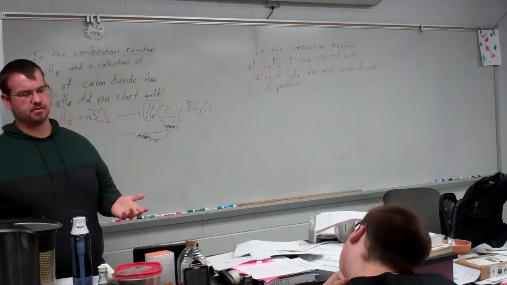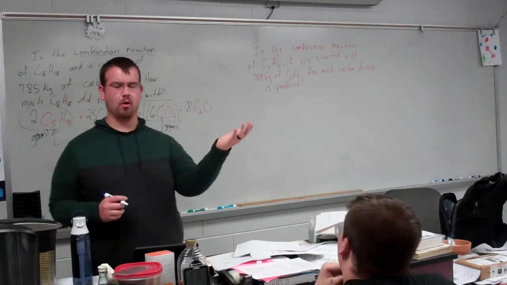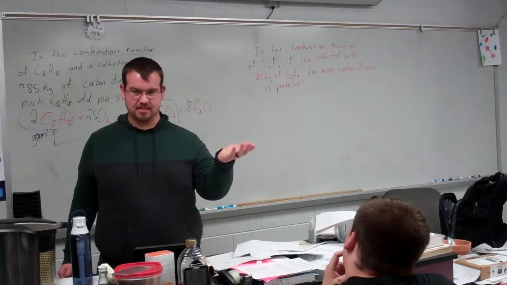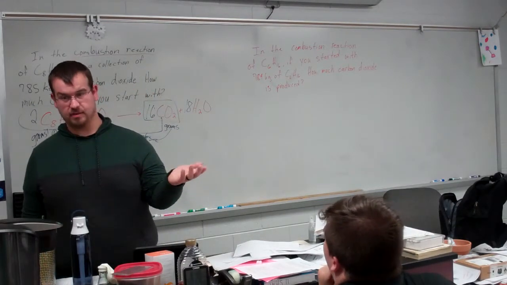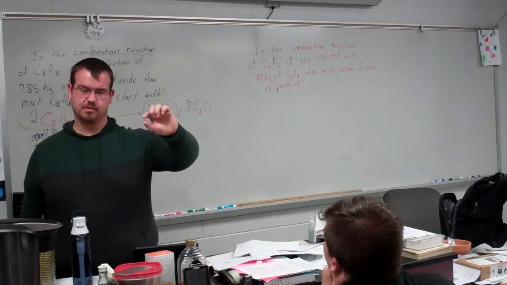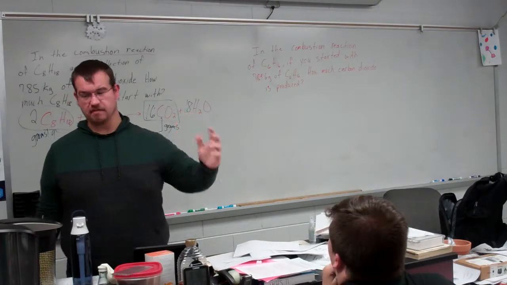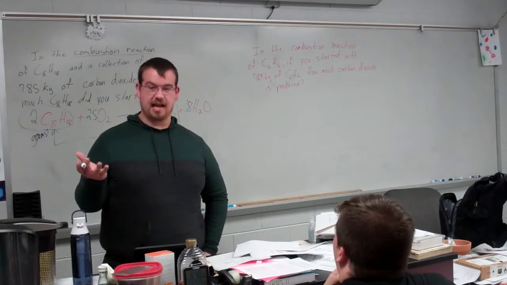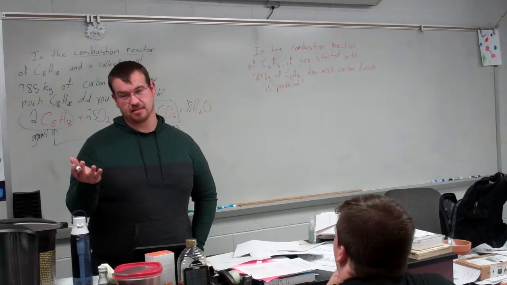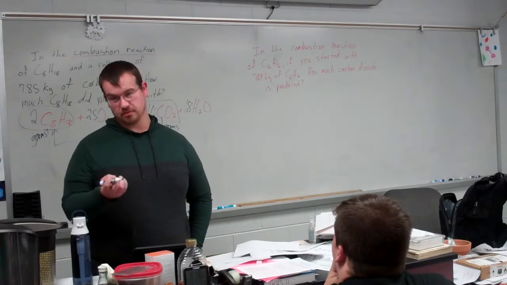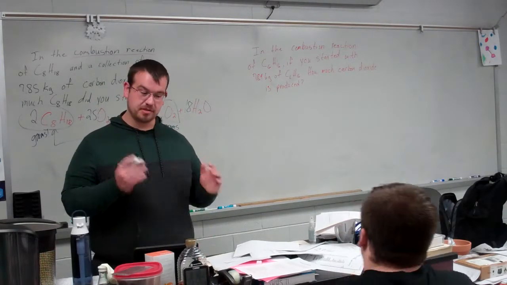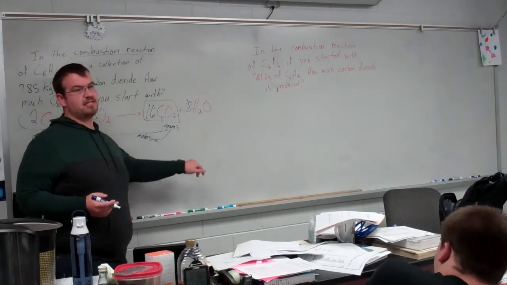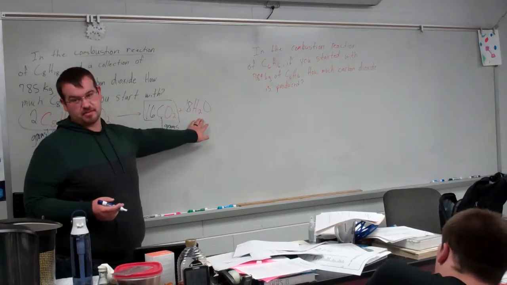If I told you I had 1 mole of hydrogen, then I had 6.022 times 10 to the 23rd atoms of hydrogen. If I tell you I have 1 mole of water, then I have 6.022 times 10 to the 23rd molecules of water. This is a way to shorten the count. When you're looking at mass, the mass of water is greater than the mass of hydrogen.